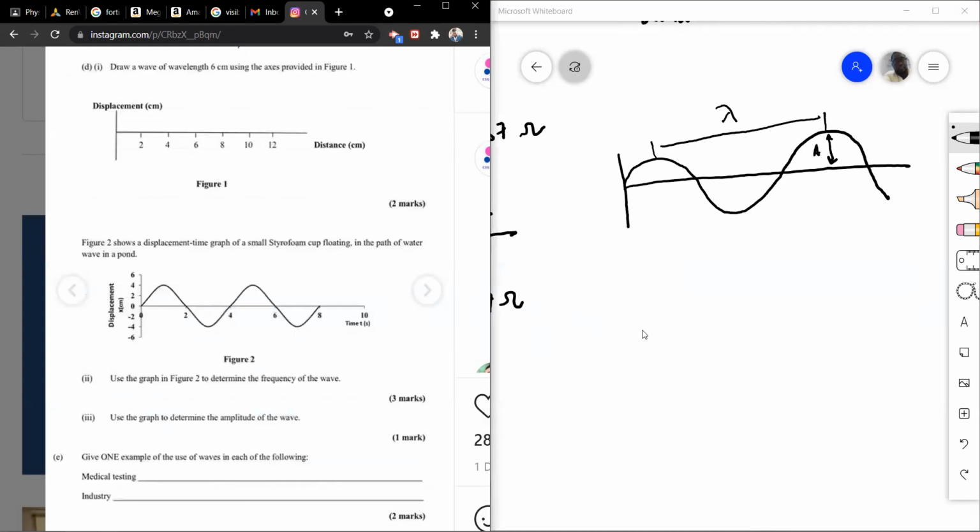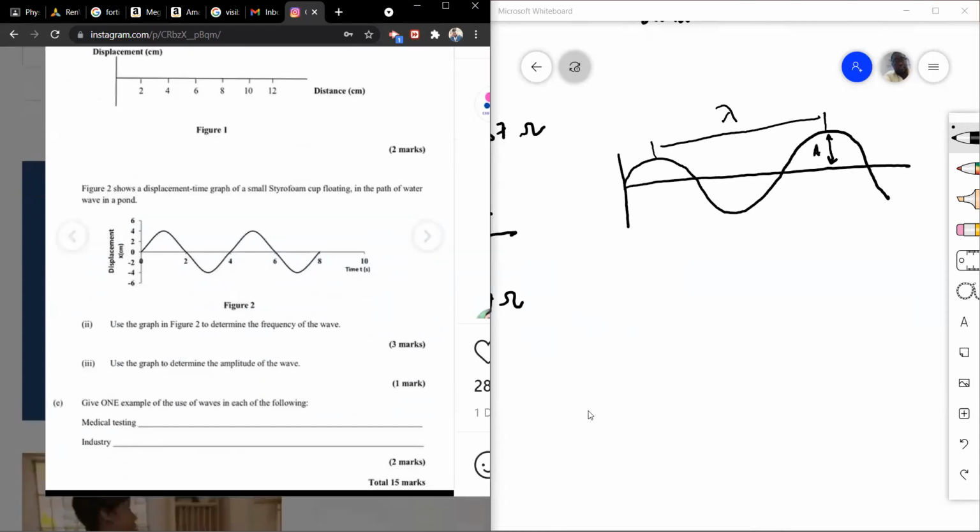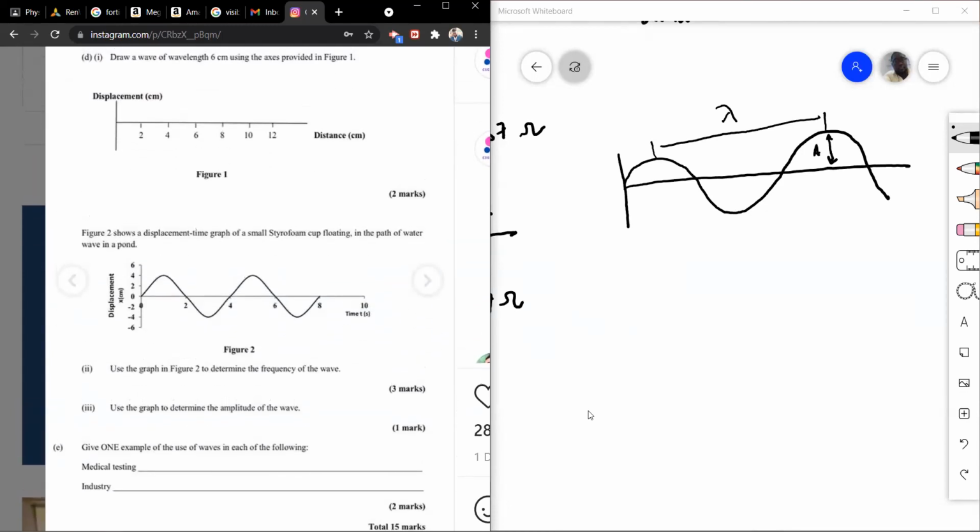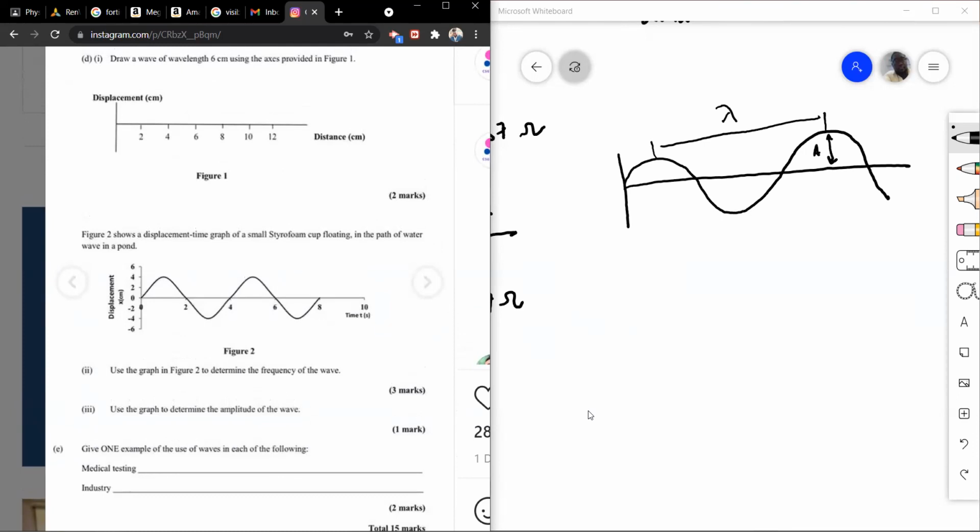Ooh, what is this? I don't think I've ever seen this in my life. Part D, part 1: Draw a wave of wavelength 6 centimeters using the axes provided in figure 1.